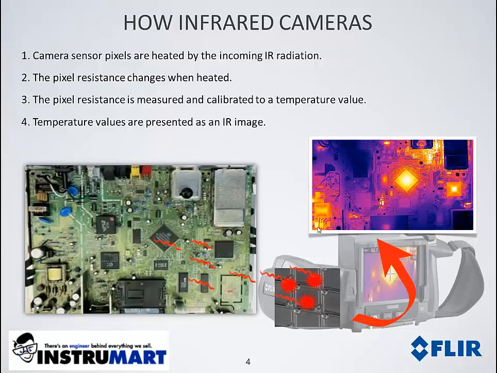Most cameras digitize at 14 bits, or 2 to the 14th power. This digitized data from each element is then calibrated to a temperature, assigned a color or grayscale value, and presented as an image.